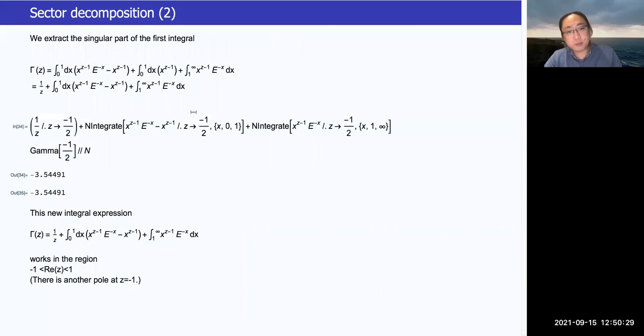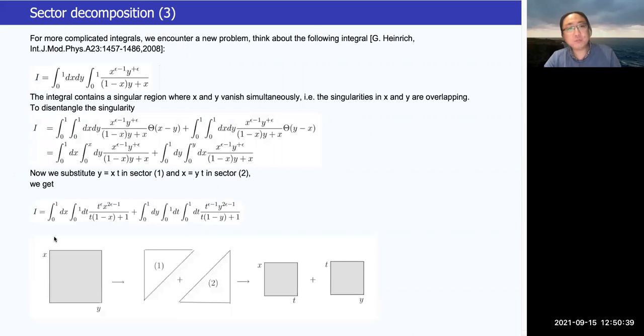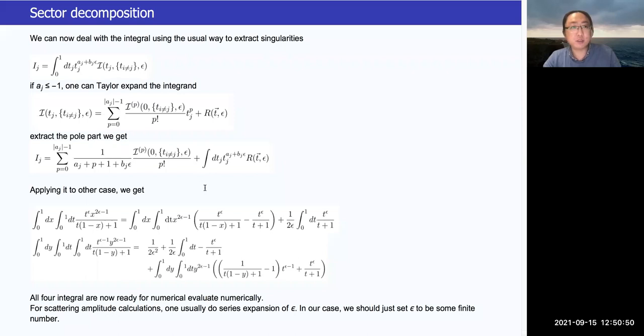So you can do similar things as here. You subtract the piece that causes you singularities, and then you add it back. You have some poles here. This kind of analysis is called sector decomposition, and is quite popularly used in calculations essentially. So these are some details about sector decomposition, which I think I will skip for the moment.